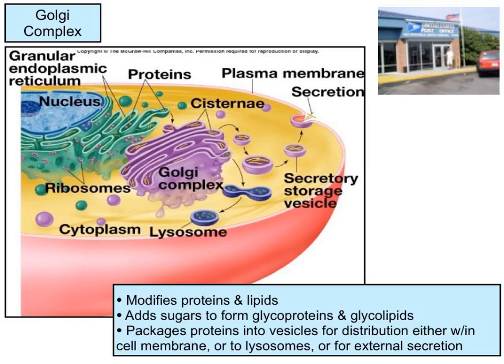Maybe we add some tape to it so that the box doesn't open. So at the Golgi complex, there's modification of proteins and lipids. There's the addition of sugars to form glycoproteins and glycolipids, and the packaging of proteins into more vesicles for distribution either within the cell or to lysosomes or to other organelles or for external secretion.